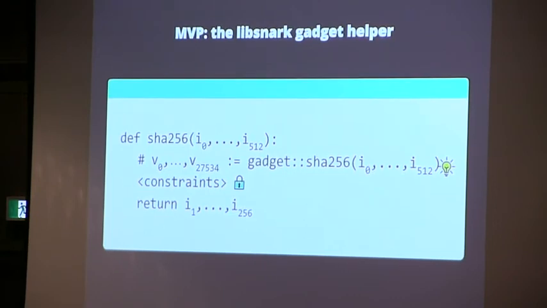Finally, we end up with 27,500 variables. But since we're computing a hash, we only need 256 results because that's the output. So we select out of all those variables everything we actually need as the output. And that's how we're doing it now: a working import of the Libsnark SHA-256 into Zokratis that can be used transparently.